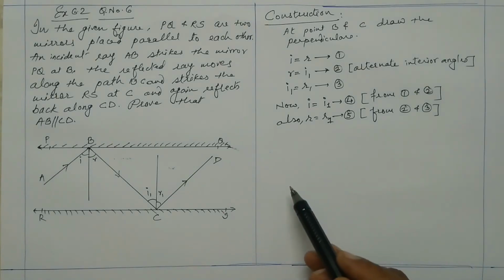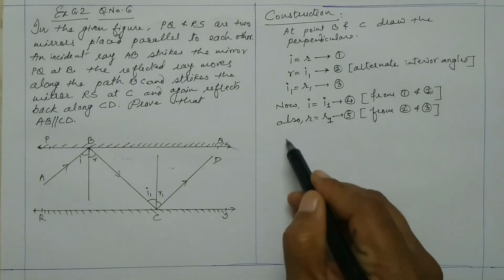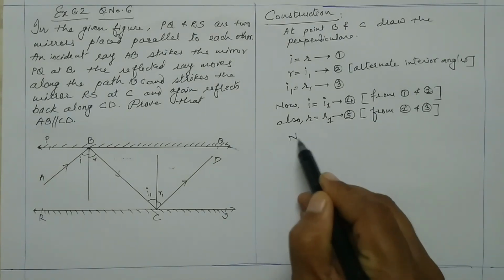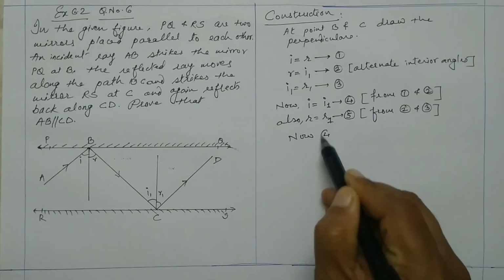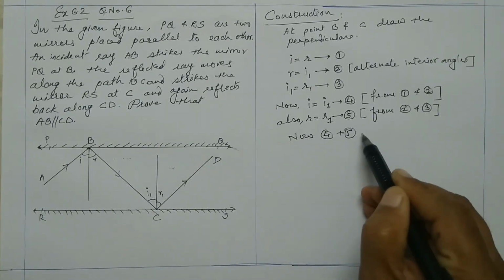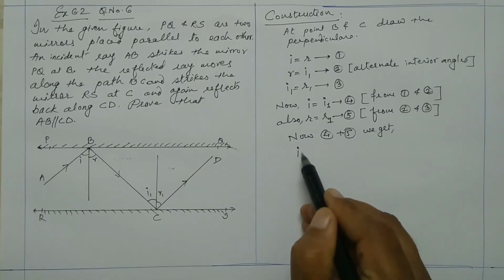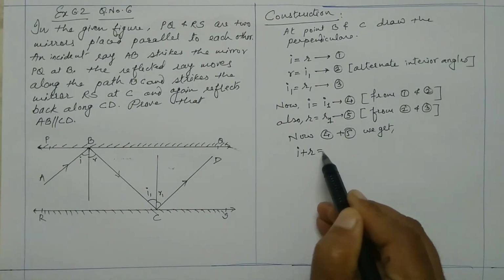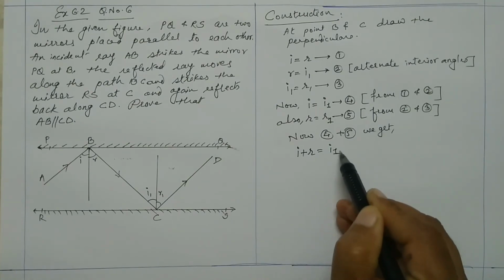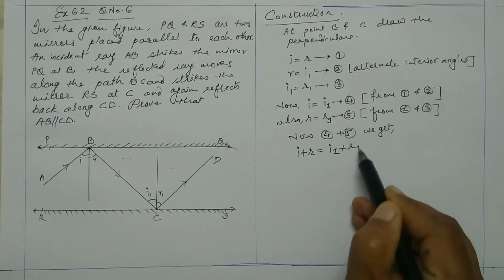So if you add 4 and 5, we get I plus R is equal to I1 plus R1.